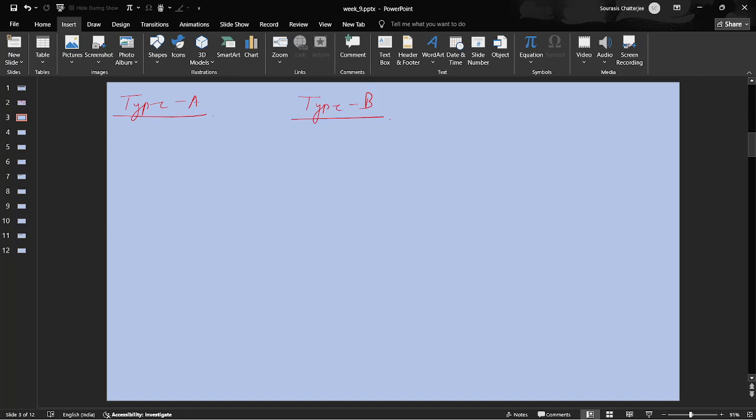Can they be further classified into something else? Yes, they can be classified into type 1 and type 2. Okay. So we have type 1 and type 2 for both the scenarios.